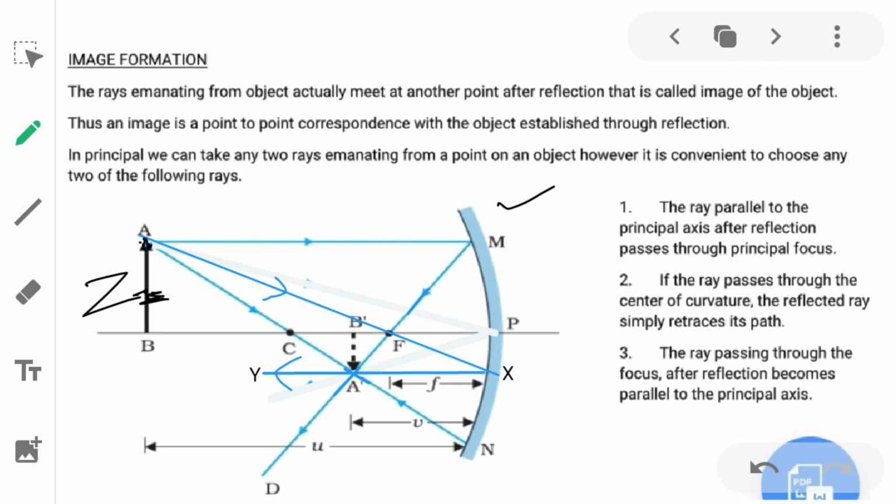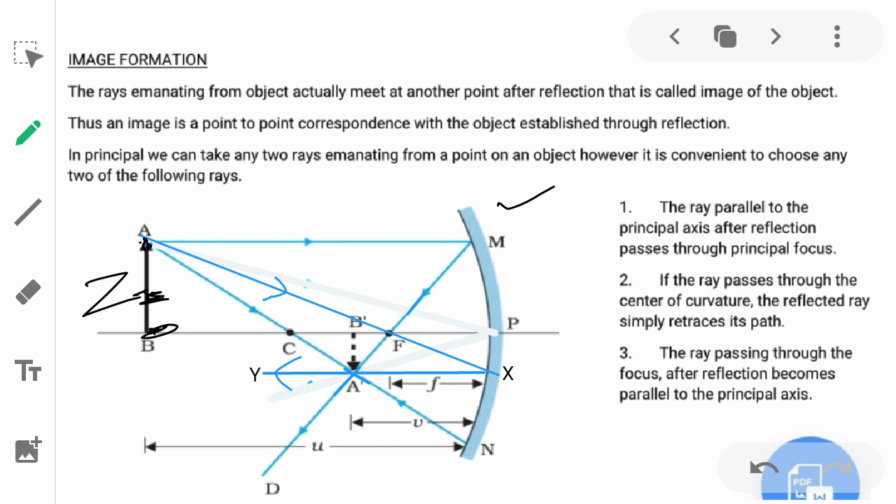If the rays getting emitted from point B, after reflection, wherever all the reflected rays meet, gives you the image B dash of the point B. So we can say image is a point to point correspondence with the object established through the reflection.